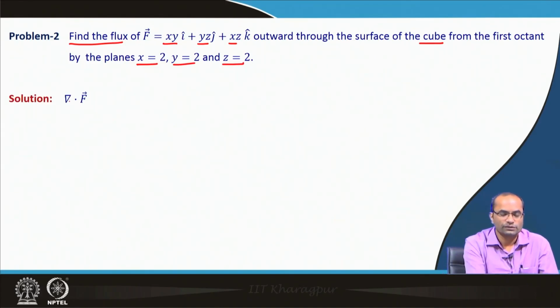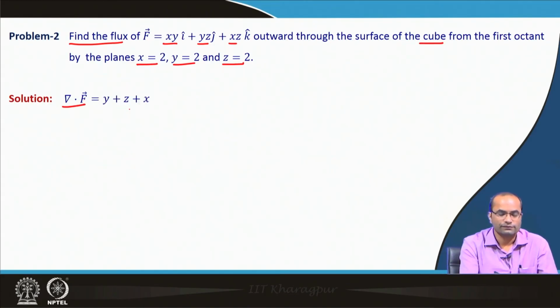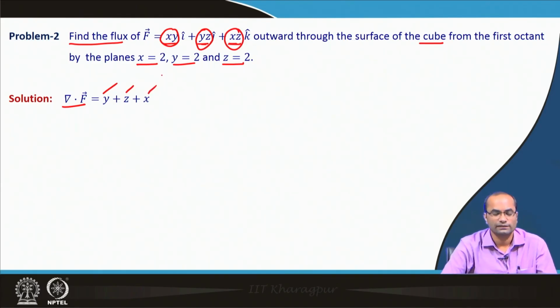So, coming back to the divergence of f, because we have x y and y z and then x z as the third component, the partial derivative of x y with respect to x will give y here, the partial derivative of y z with respect to y will give z here, and here the partial derivative with respect to z, we will get x here.